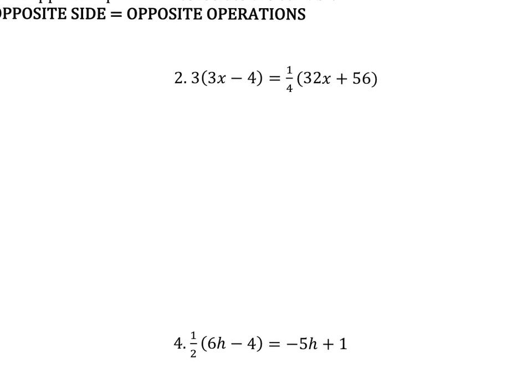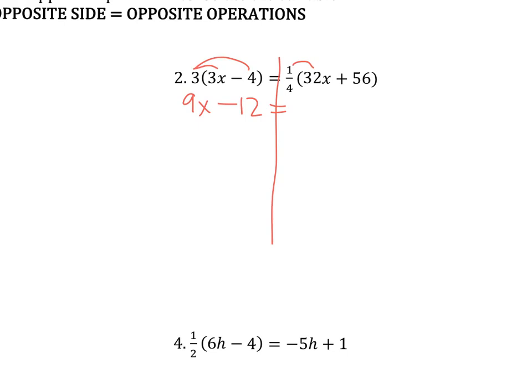Okay. Let's go ahead and look over at number 2. So we got some distribution happening here. So distribute on the left. 3 times 3x is 9x. 3 times negative 4 is minus 12. Okay. Over on the right-hand side, if you're ever doing a fraction times a whole number, just multiply the tops together, divide by the bottom.